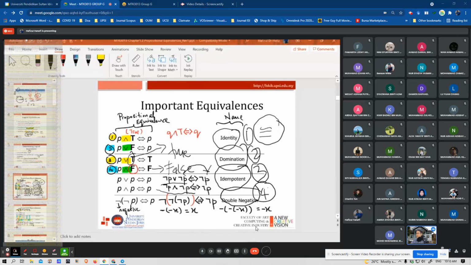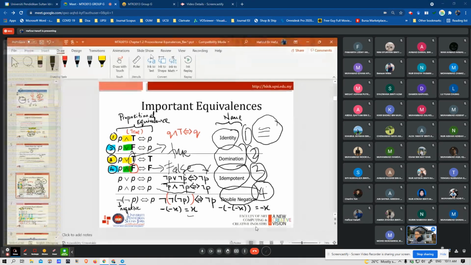Okay, and then we have double negation. In propositional logic, double negation is the theorem that states that if the statement is true, then it is not the case that the statement is not true. Negative, negative implies positive, which implies P. Here we can see a negative, negative is positive.